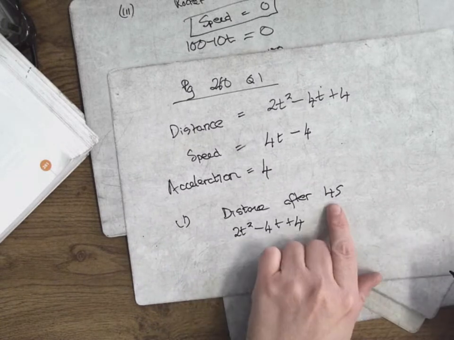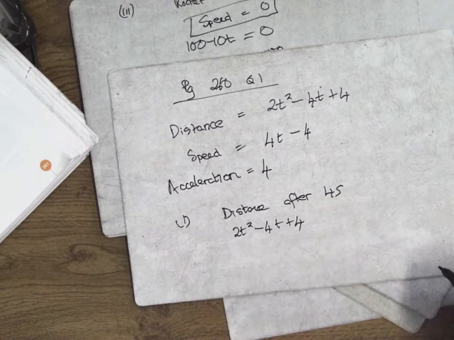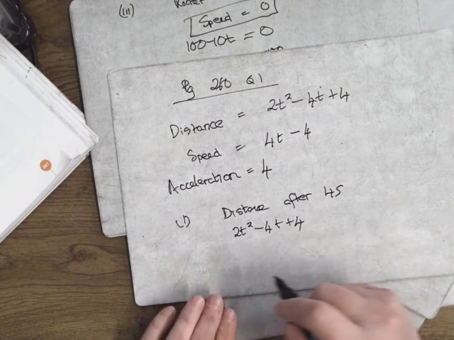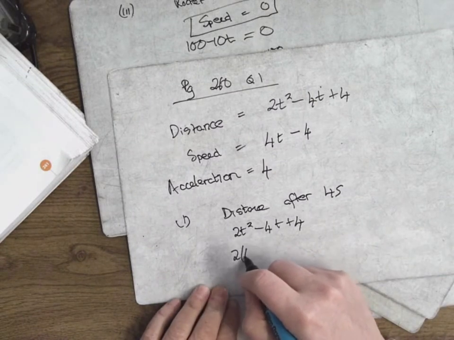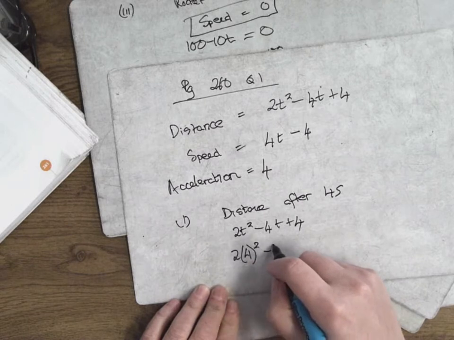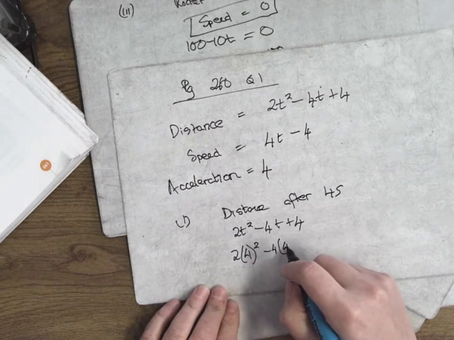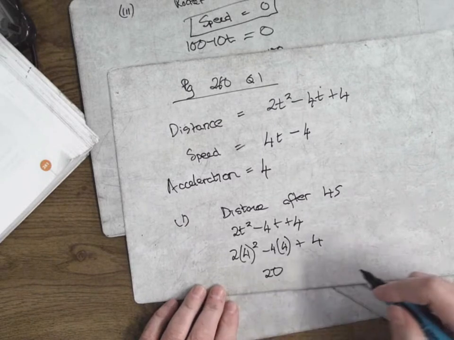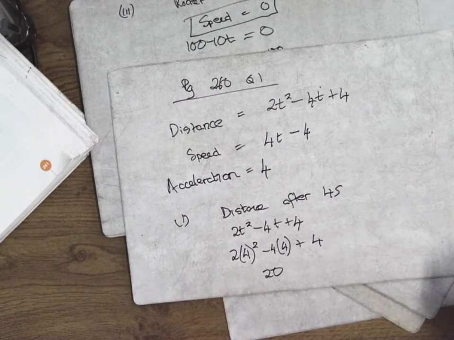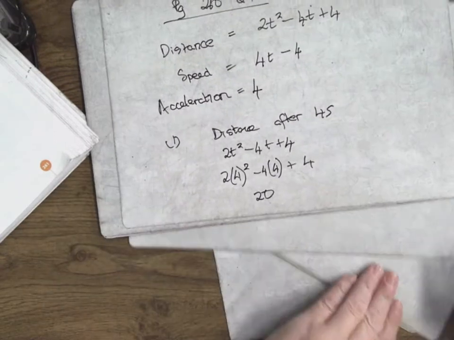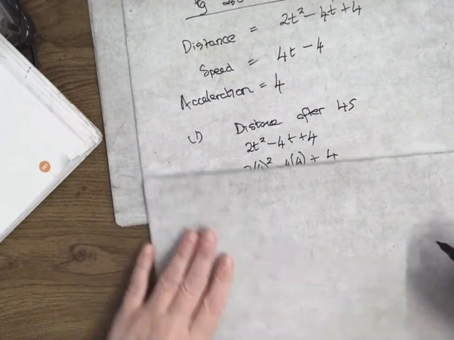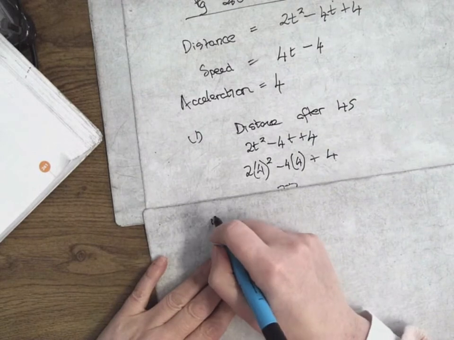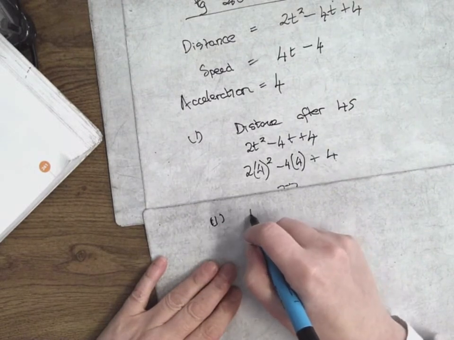I want after 4 seconds, so everywhere I see a t, put in a 4. So that's 2 times 4 squared minus 4 times 4 plus 4, and that would be 20. Into the calculator with that and you'll get 20. Is that okay? Right, part 2. So this is last night's homework. Part 2, they asked me the distance after 6 seconds.